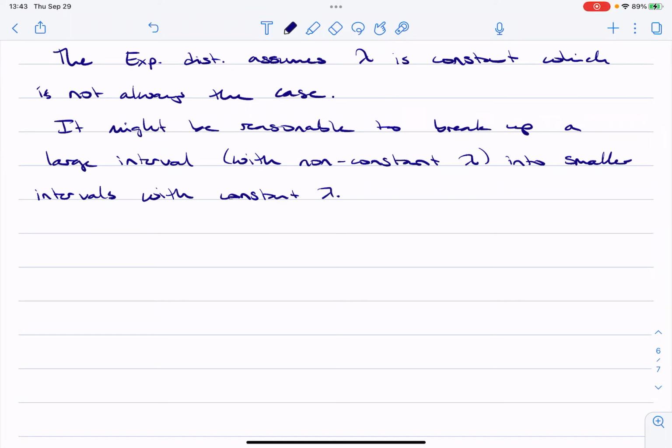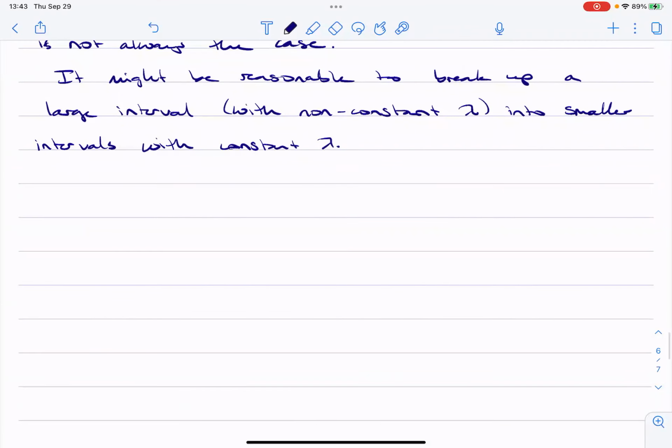So lambda, huh? How do we get that? A lot of things, we have a pretty good idea of what lambda can be, right? And so, estimating the failure rate, which is lambda.